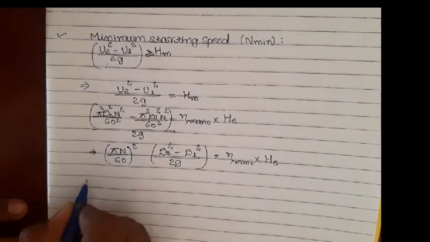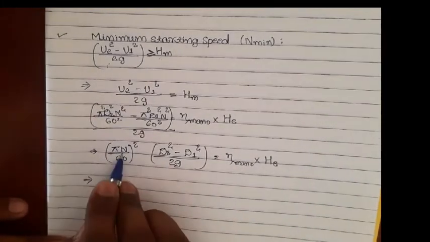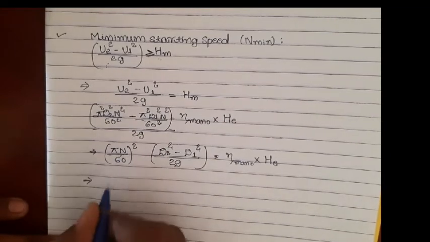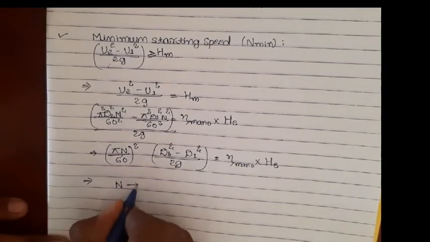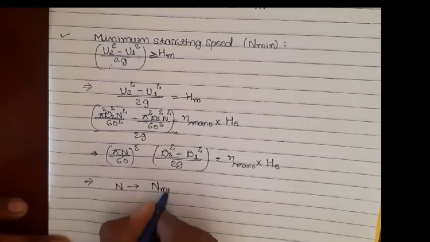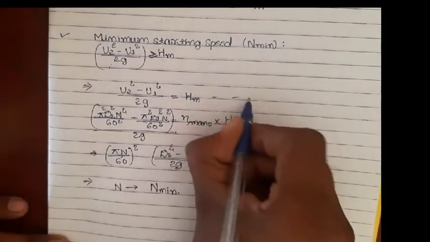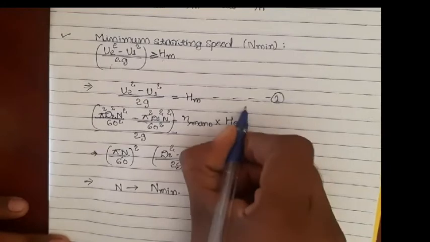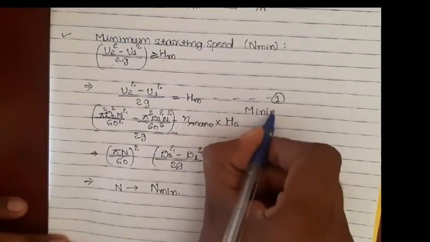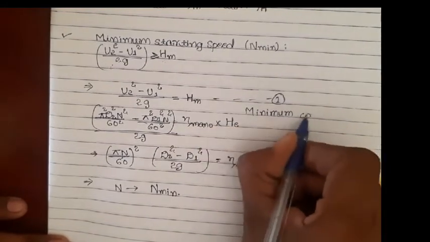Right? So now this n becomes n minimum when, for which condition? For this condition, the minimum condition. Right? This is known as the minimum speed condition.